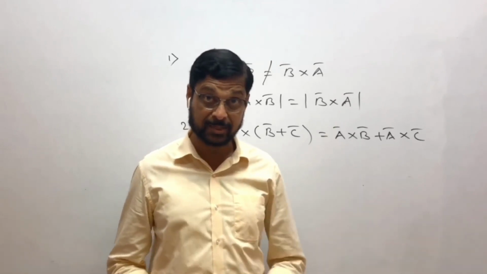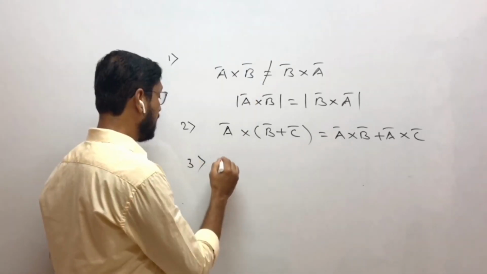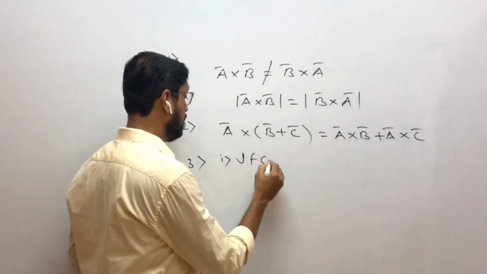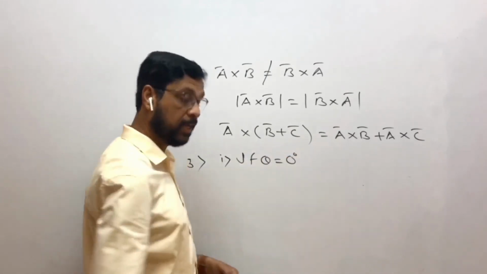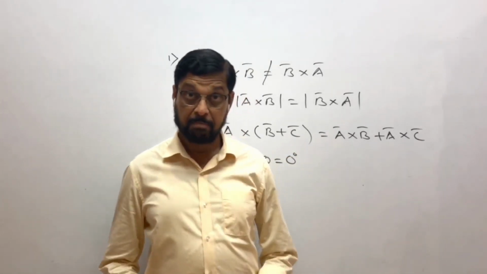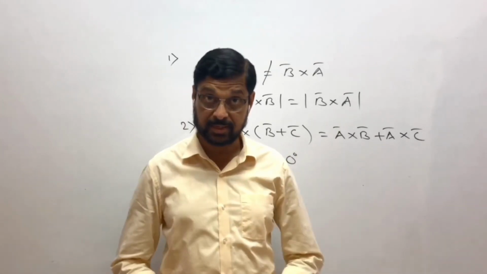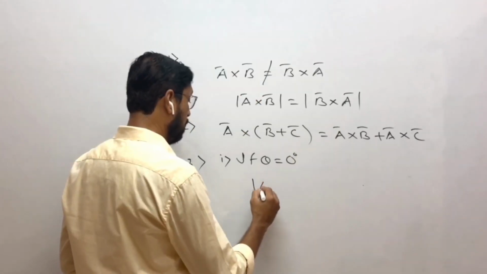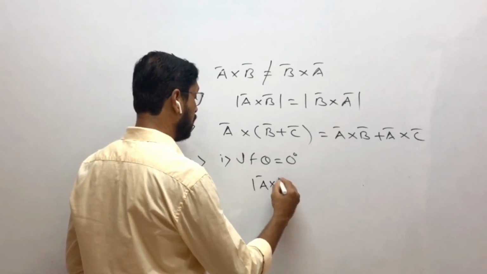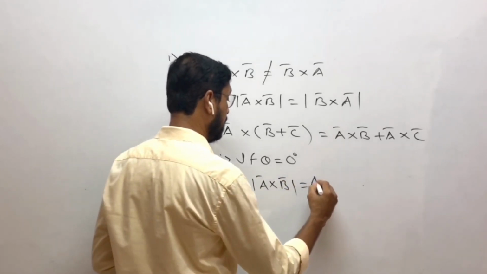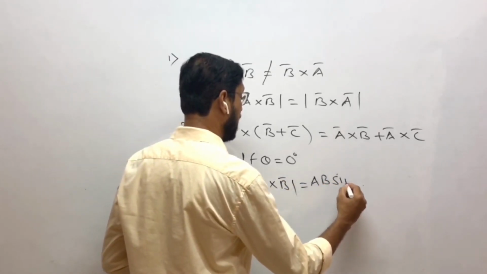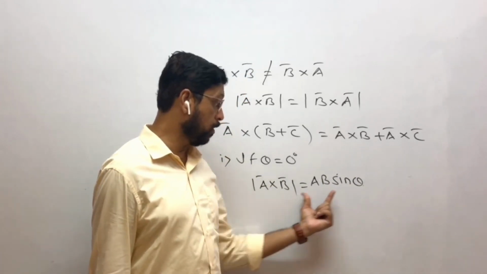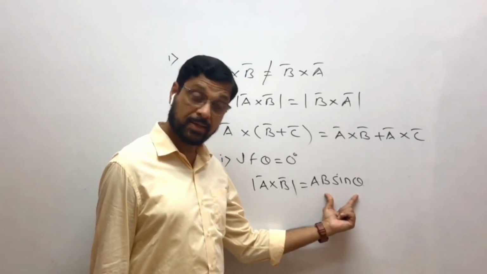अलग अलग angles पर क्या होगा? Third characteristic में first point होगा if theta is equal to 0 degree. Means if the two vectors are parallel to each other, mod of A cross B is AB sine theta. By definition, mod A cross B is AB sine theta.